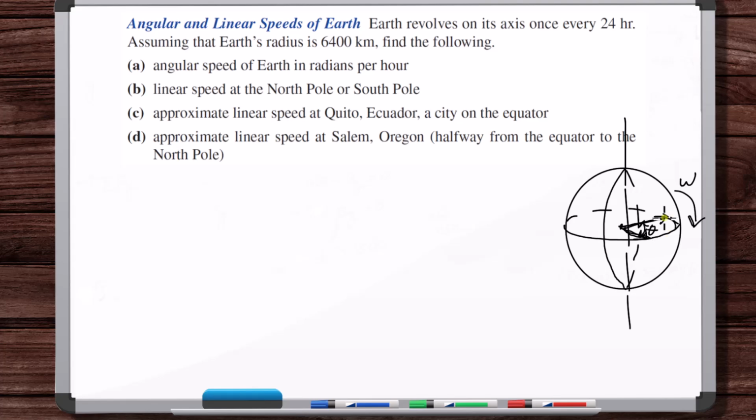Right, so here's this arc length. Here's the radius of the Earth. The surface of the Earth has a certain velocity.